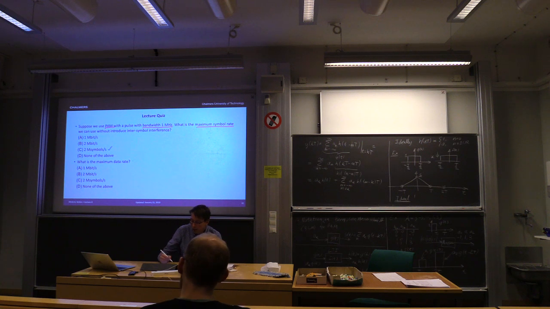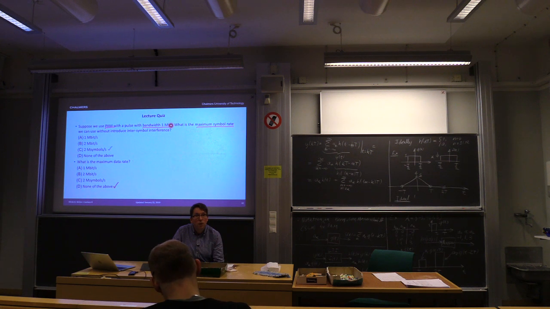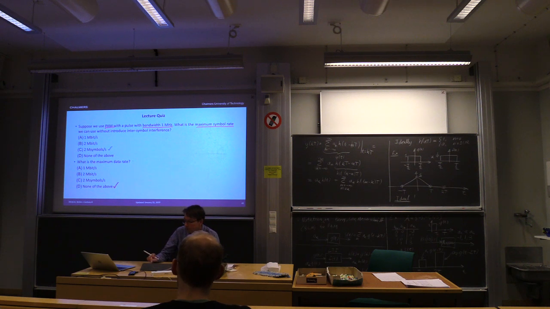Right. Very good. None of the above, right? And the reason for this is that the maximum data rate is not determined by the bandwidth only. It is very much dependent on bandwidth, as we will see later on, but there are other factors in play also. Okay, so we'll return to that.